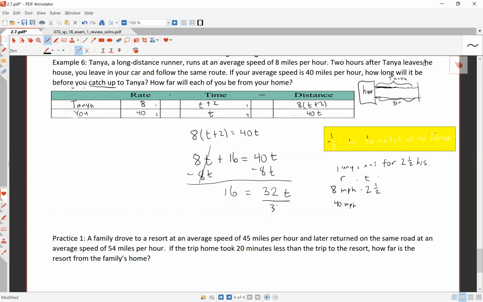Rate times time is going to be the distance away. 40 miles an hour times 1/2 hour is 20 miles. 2.5 times 8, 2 times 8 is 16, and 1/2 of 8 is 4, so 16 plus 4 is 20. So we're 20 miles from home. So quite the runner that Tanya is there, 20 miles.